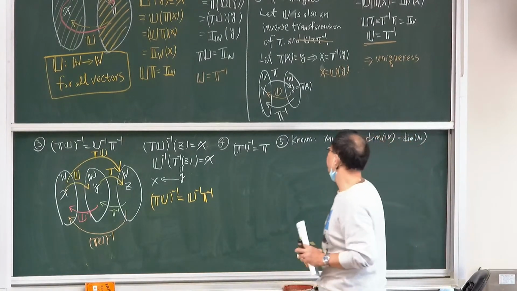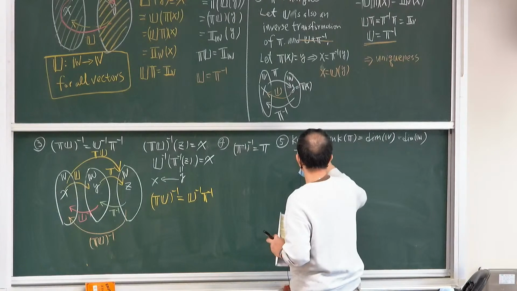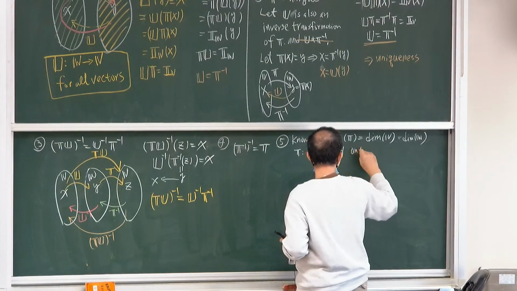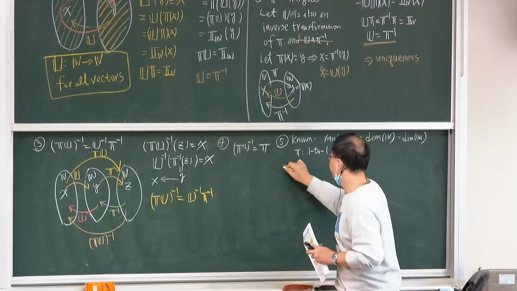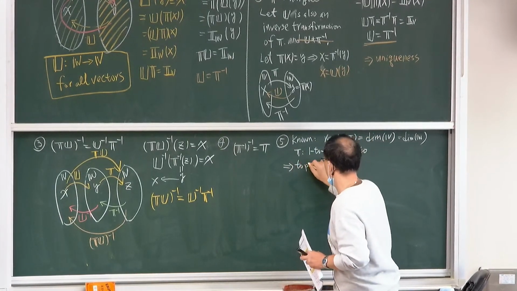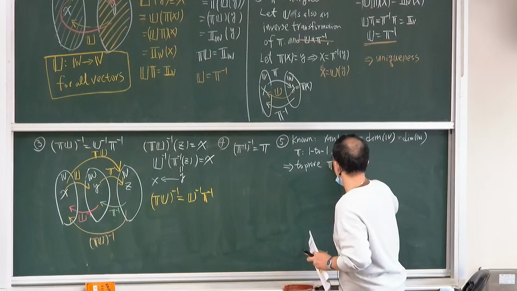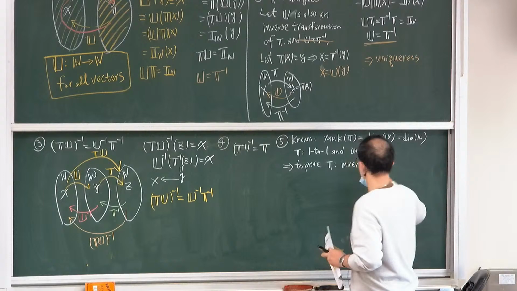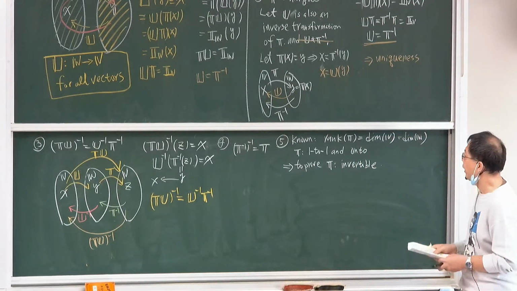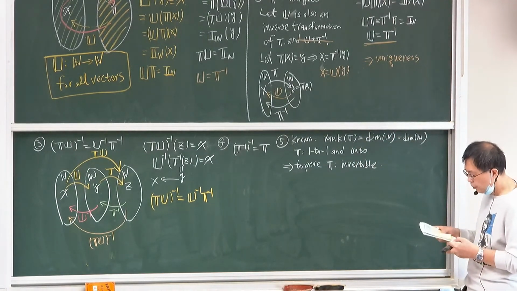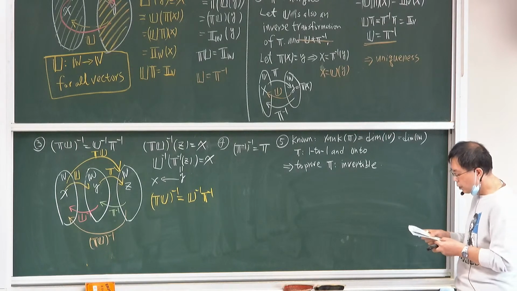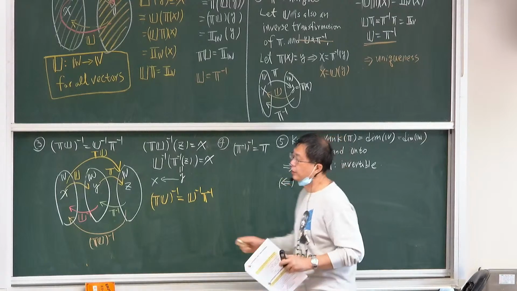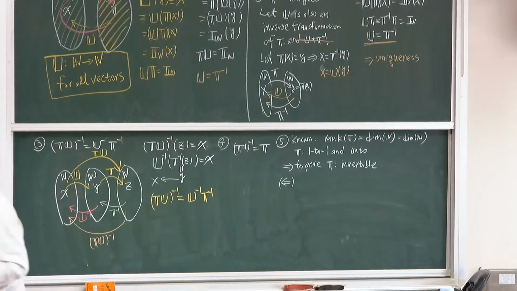So right now what we have known is that T is 1 to 1 and onto. So we are going to prove T is invertible. We are going to prove it in the reverse direction here.